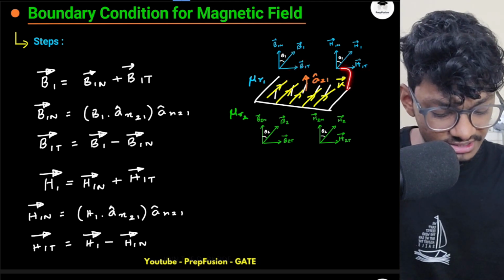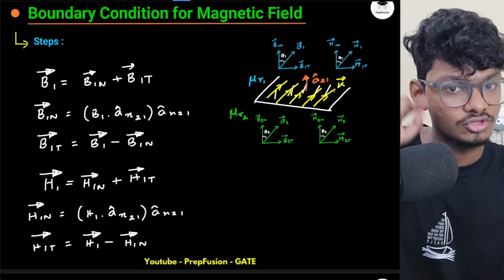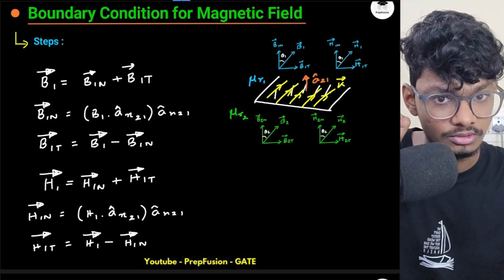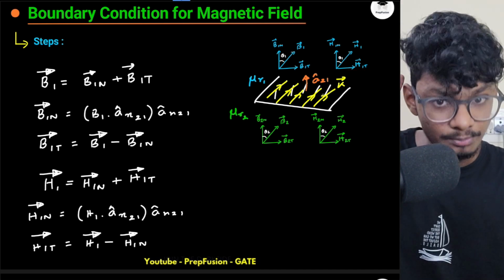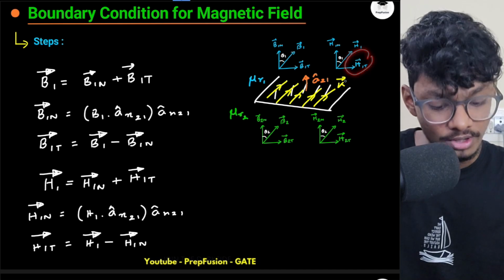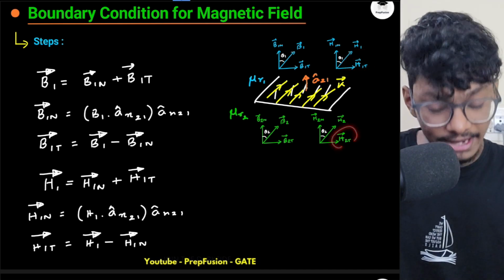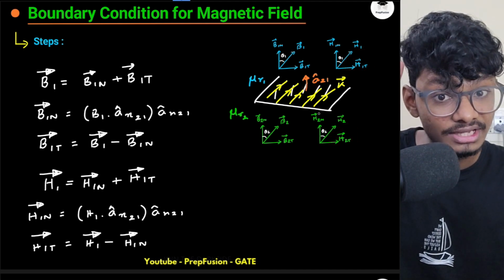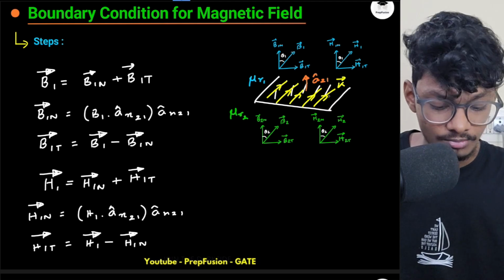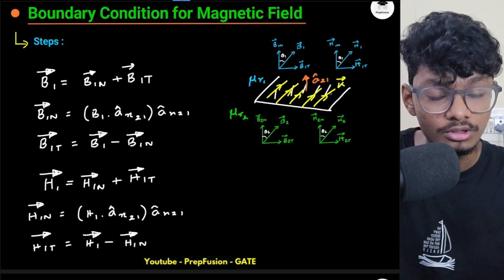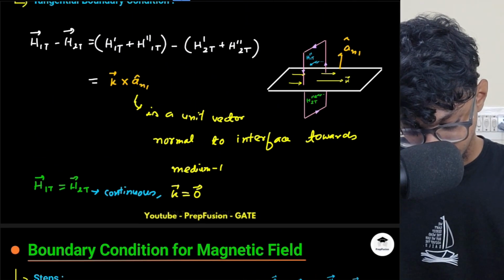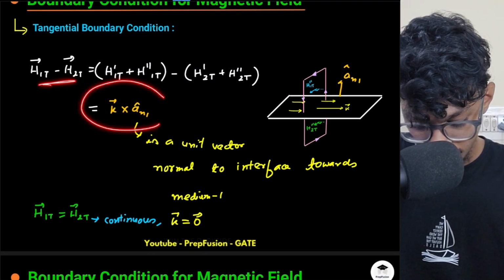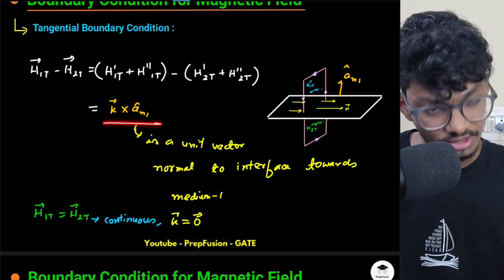What is that vector? That vector is back again k, because these three are mutually perpendicular. So here I have written this condition: h1t minus h2t is equals to k cross an1.